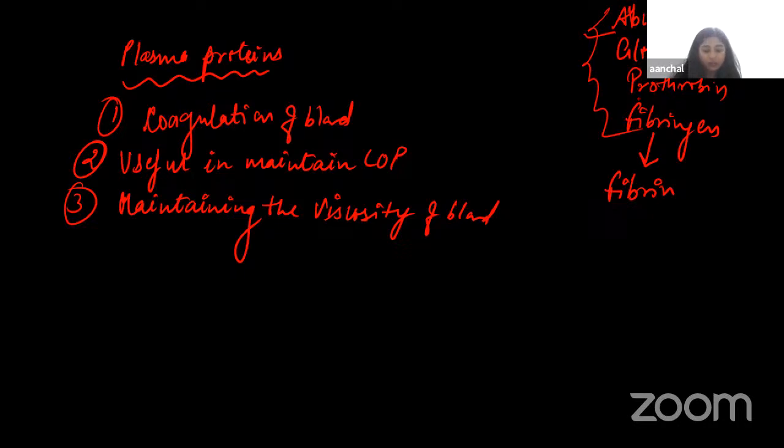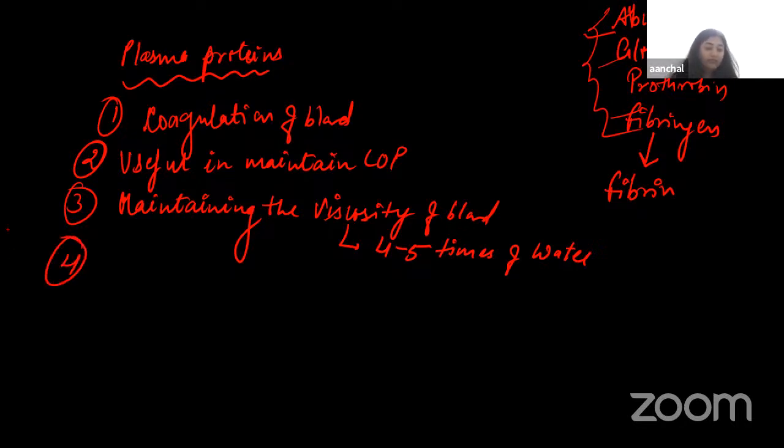These three are very important. So blood viscosity is maintained at a low level, and normally the viscosity is about 4 to 5 times that of water. So due to the presence of these three proteins, globulin, albumin, and fibrinogen, the viscosity of blood remains maintained.